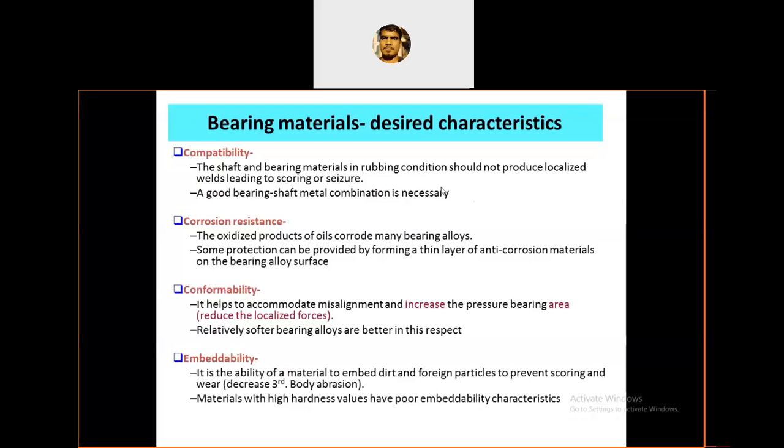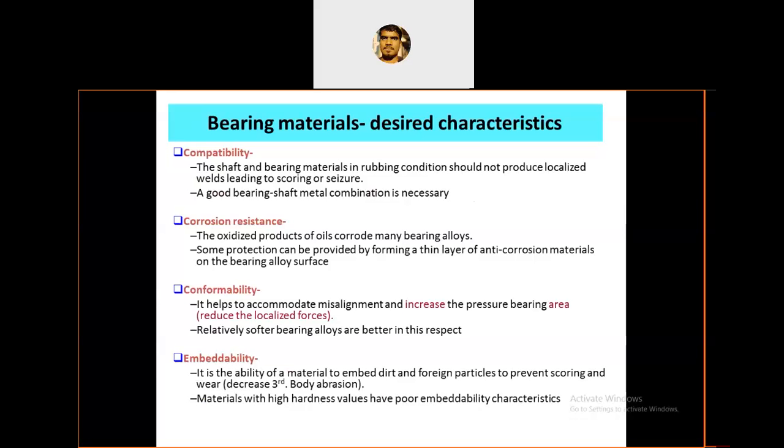It may contact moisture or the atmosphere, and oxidation may take place and produce a layer called rust. That rust is a type of wear. Correct? It may damage the shaft surface. It should have high corrosion resistance. The bearing material should have high corrosion resistance property.